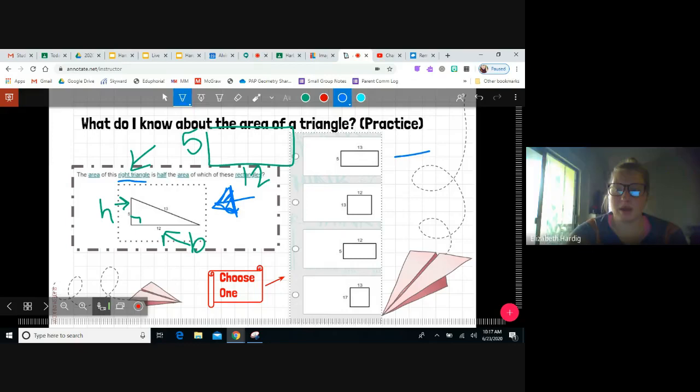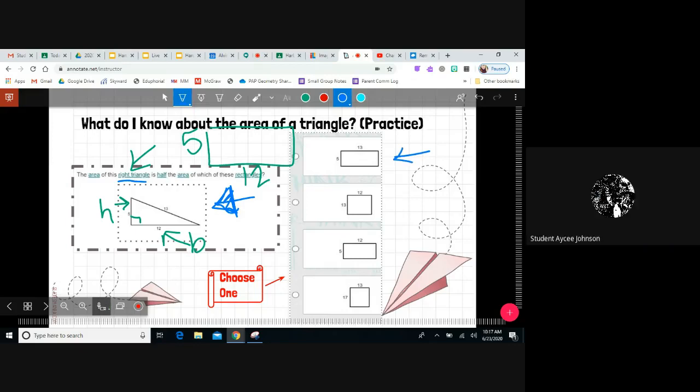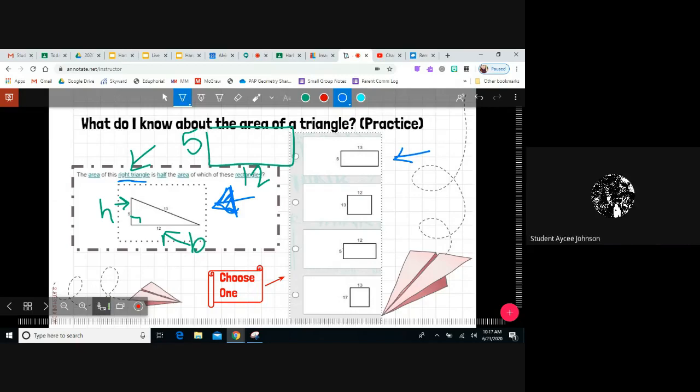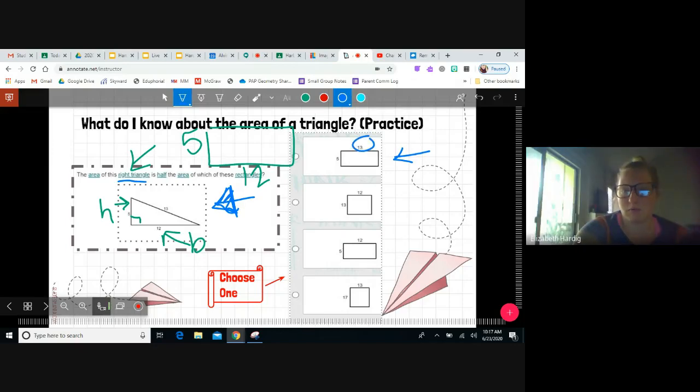Does this triangle match? No. Does that rectangle match? That first one? I don't think so, because I see a 13 right there, and I need it to be a 12.